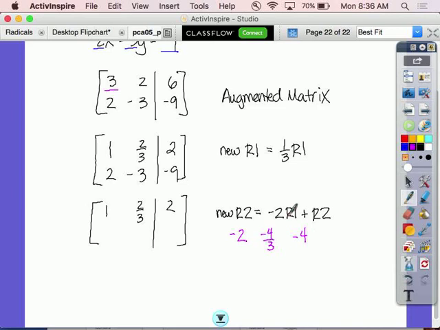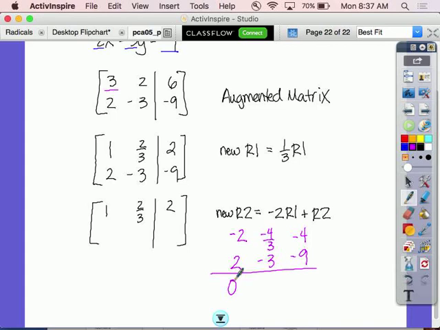That's your negative 2 times row 1. And then my row 2 is just 2, negative 3, negative 9. And I add those together, I get 0, which is what I was hoping for.